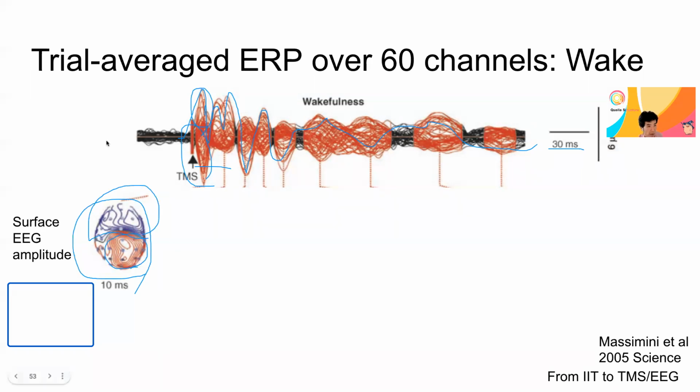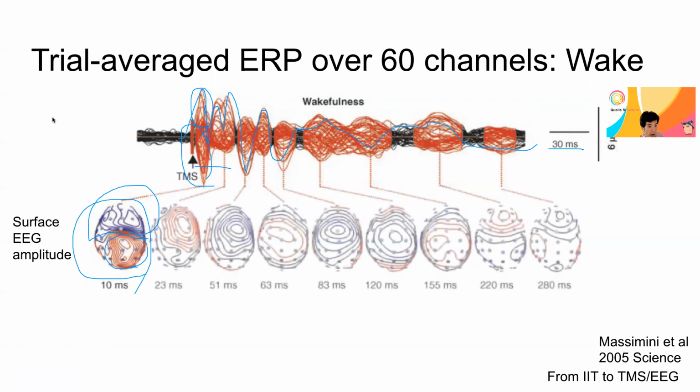You can make a snapshot like this over the time scale, 20 milliseconds, 51, 63, 83, and so on, at each peak of the red part. The red part is the one that is above or below the baseline period here. So it basically measures how much the TMS evoked the response above and beyond what is expected from the background activity.